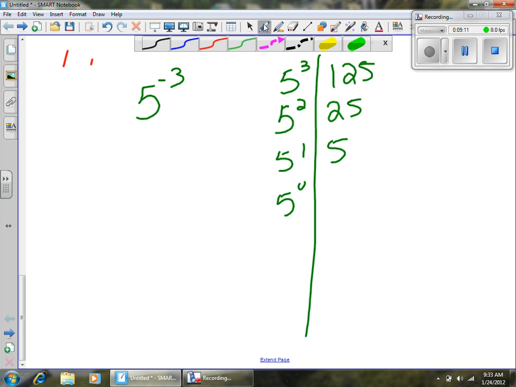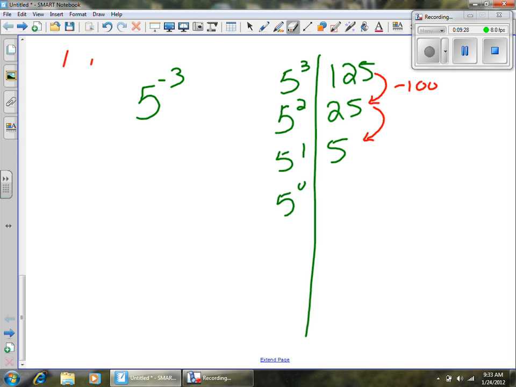Now, some of you are shouting out ridiculous answers that don't make any sense. Stop and think. How can I turn 125 into 25? Well, some of you say, subtract 100. But do I subtract 100 to go from 25 to 5? No, I don't. So that's not going to work. So try a different way. How else could I turn 125 into 25?